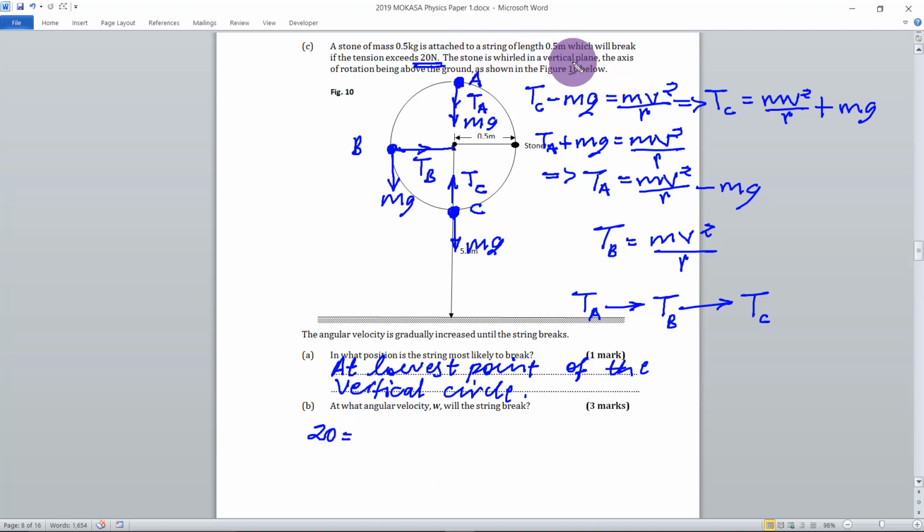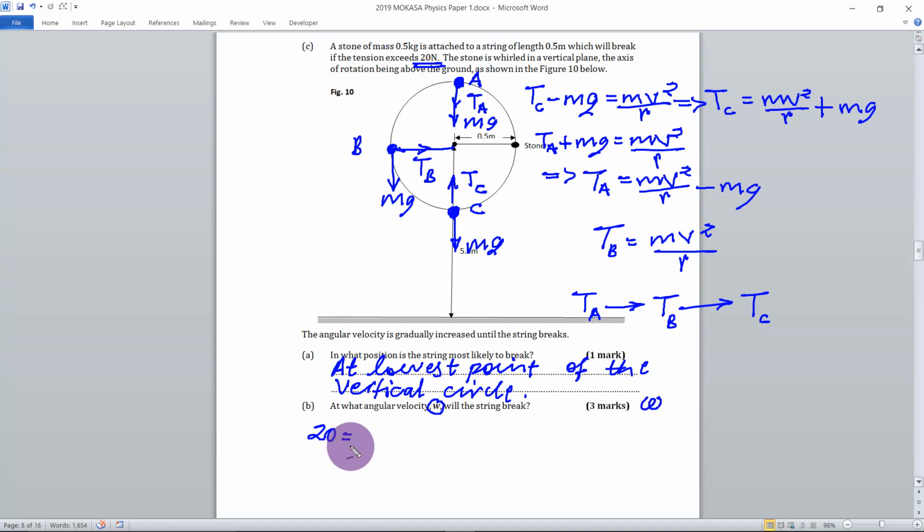Let's see whether some kind of speed is given. At what angular velocity? We want to calculate. This symbol here is referred to as angular velocity, and the symbol is omega, like this. It's not W, that is just because of the typing error there. It's called omega.